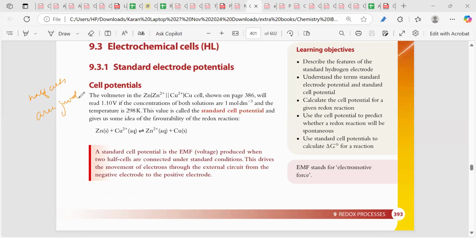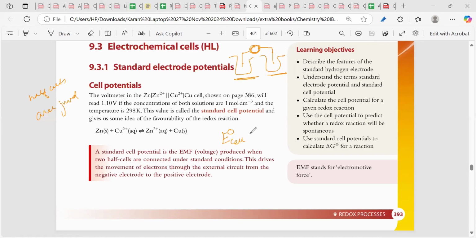We are taking two half cells and connecting them through a voltmeter, right? The voltage coming out when two half cells are joined in standard conditions is called the standard cell potential. It is represented like this, E cell.